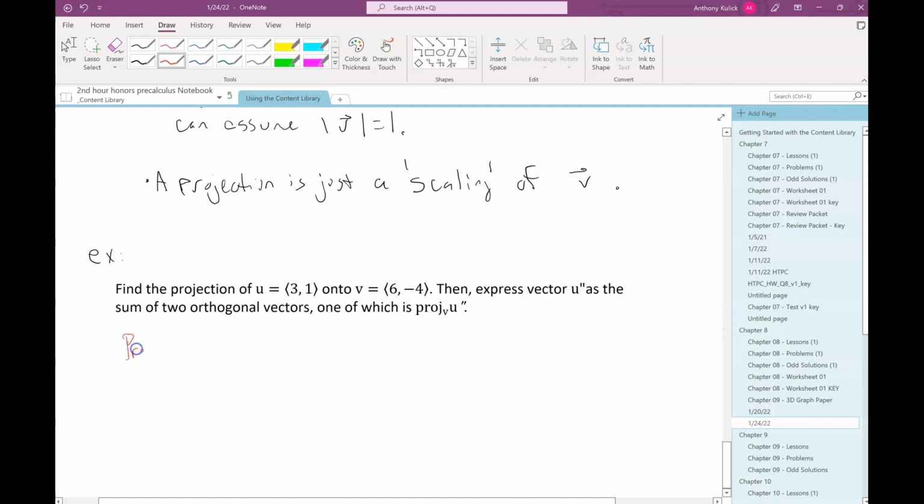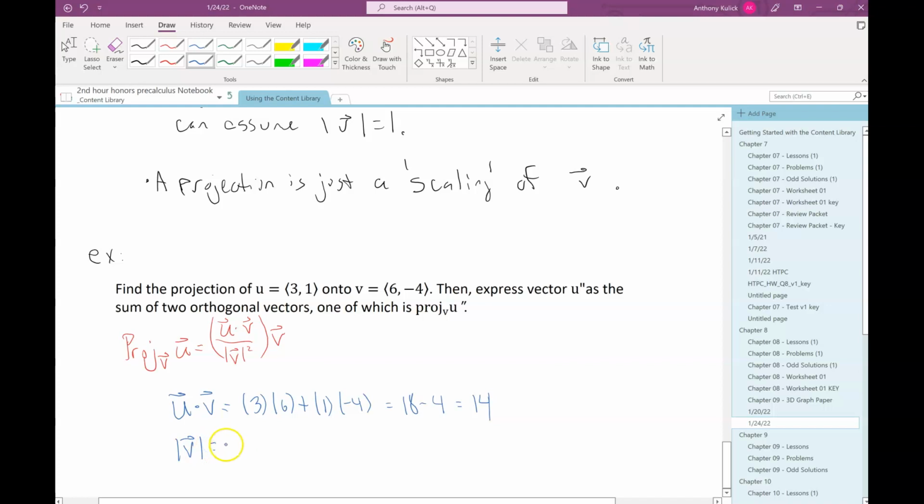So let's start by doing the first part. The projection of U onto V is going to equal the dot product of the two vectors divided by the magnitude of the vector you're projecting onto squared, times the vector. So we'll start by just doing the dot product. So that's 14.